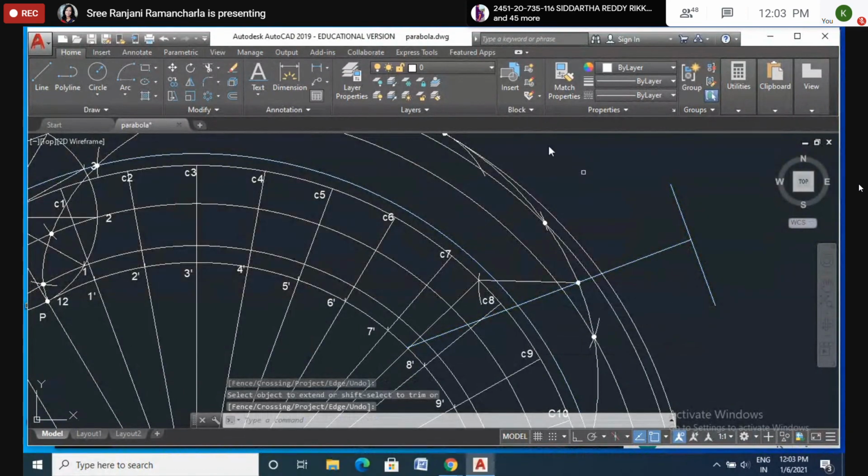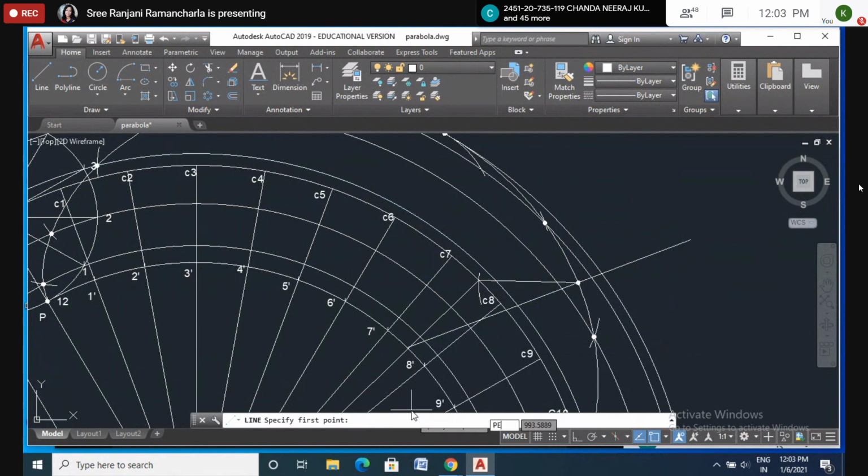And again, I will erase this one. Then for this one we want a normal, right? So again, line command. Here I will take a perpendicular. Perpendicular to this. Yeah, perpendicular to this.